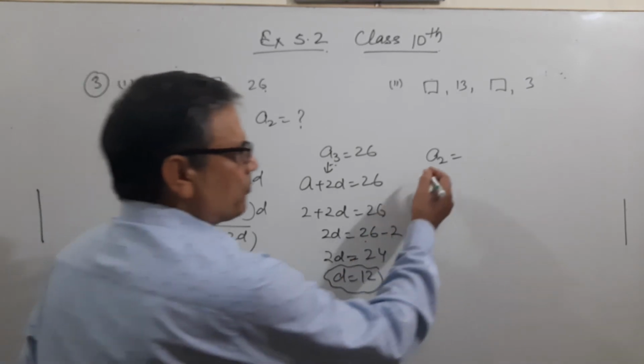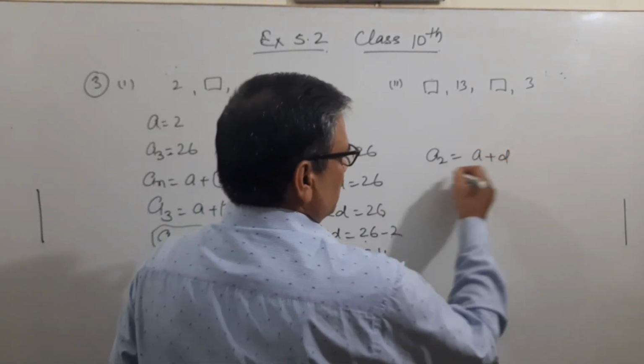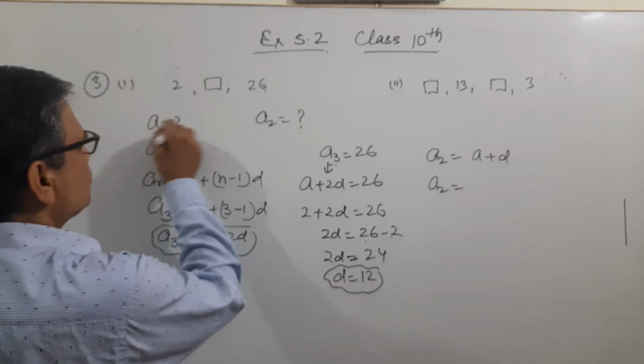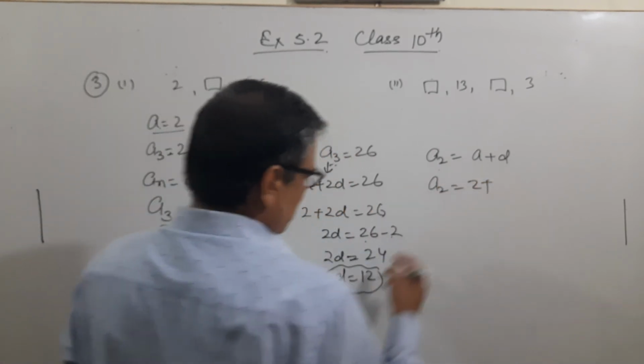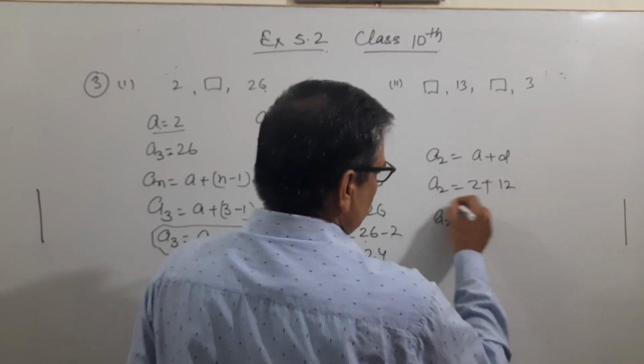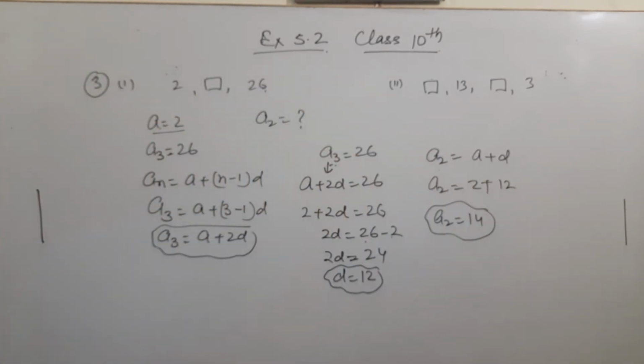Now you know the formula of A2 is A plus D. A is 2, so we put 2 plus D. D is equal to 12. So A2 is equal to 14. It is our answer. You can check. A2 is equal to 14. And now move to the second part.